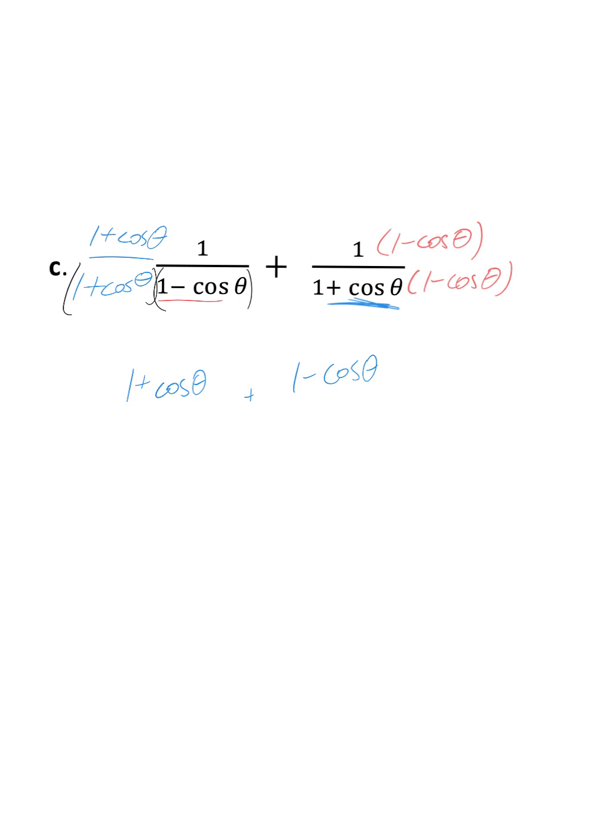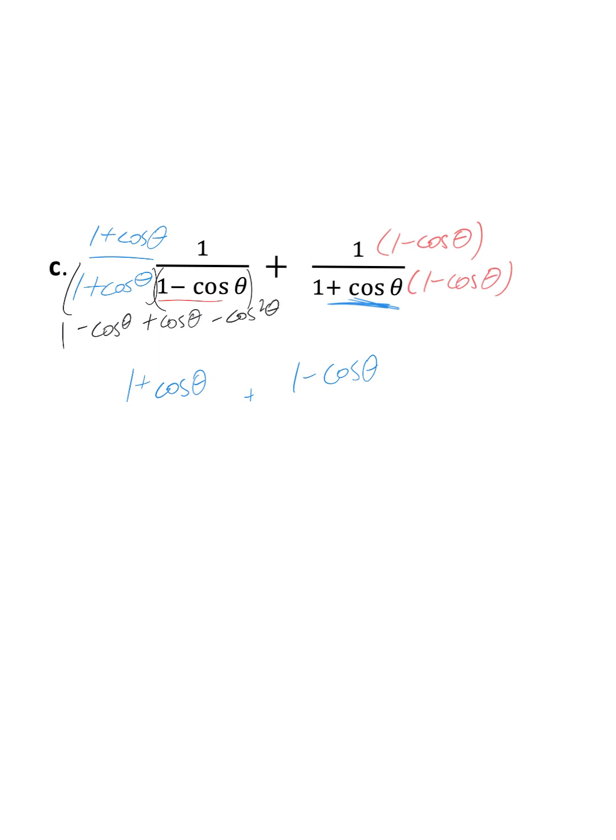So let's see what happens when you distribute this. When we multiply 1 plus cosine times 1 minus cosine, we get something like this. 1 times 1 is 1. 1 times minus cosine theta, plus cosine theta, and then minus cosine squared theta.